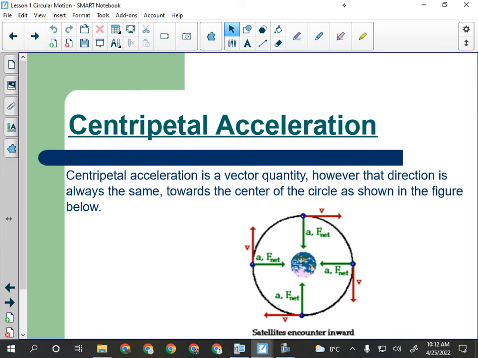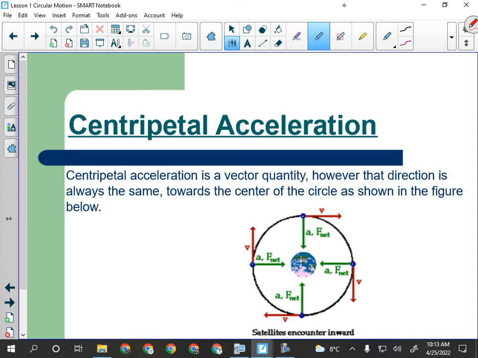So in order for something to go in this circular path, it always has to be what? Accelerating. It's always accelerating because its velocity is always changing. Any object going in a circle wants to go in a straight line according to Newton's first law. Some centripetal force pulls it towards the center.